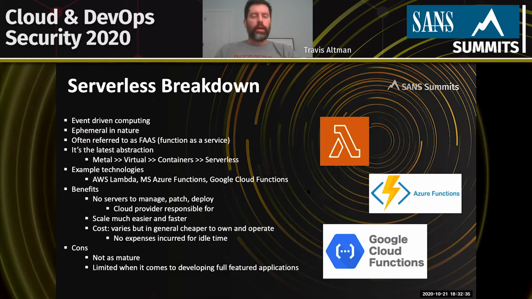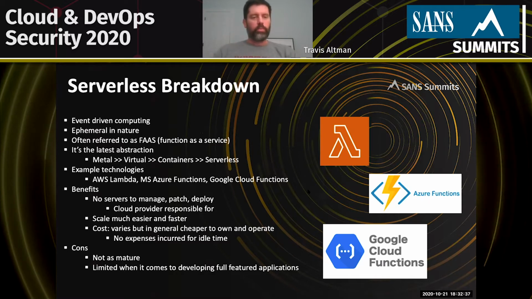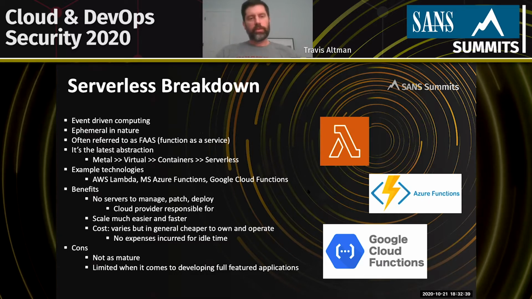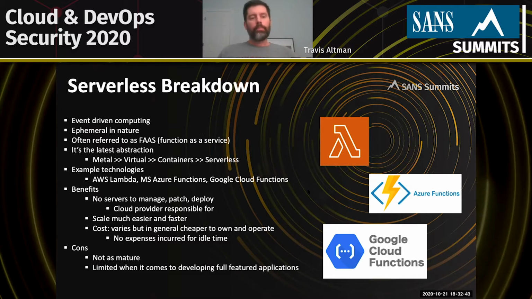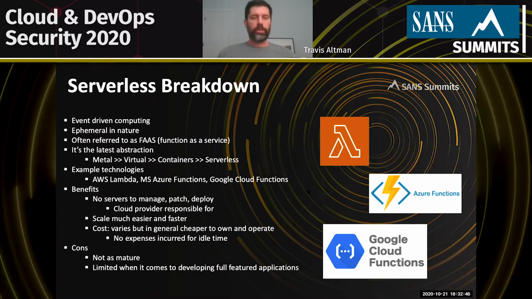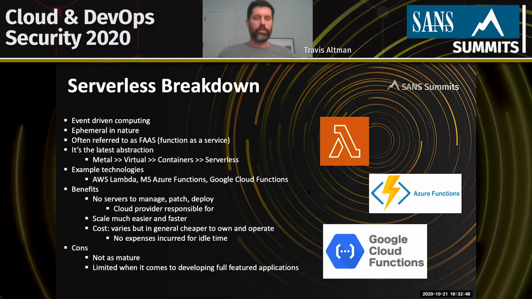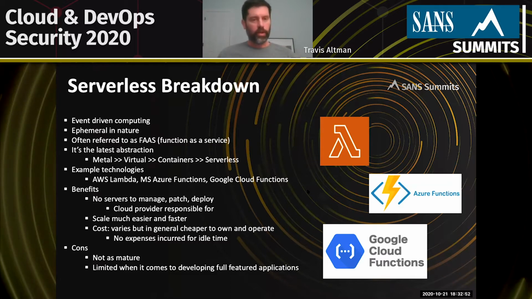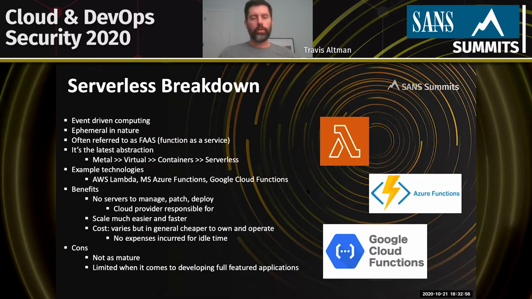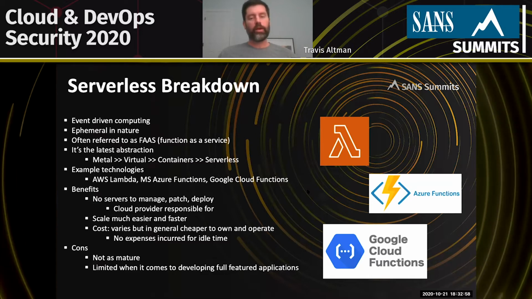So real quick, maybe I'll start with the fourth bullet point there, right? So serverless is the latest abstraction, right? It's this new black, so to speak. We talk about mainframes and then servers, racking those in data centers, to VMs, to containers, and here we are today. And some of the things that I'll note about serverless is that it is event driven, right?